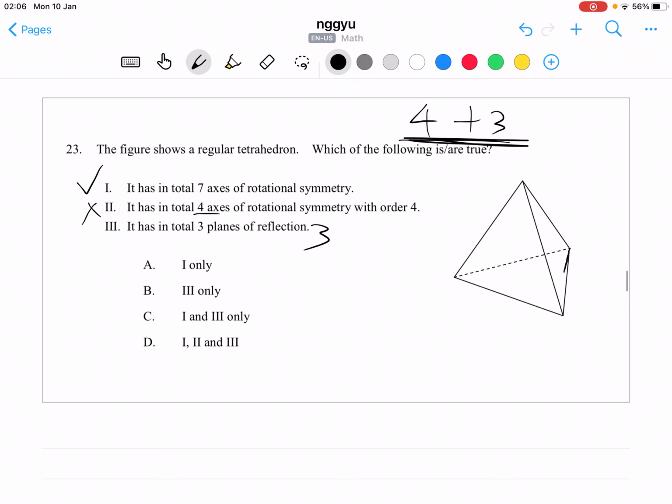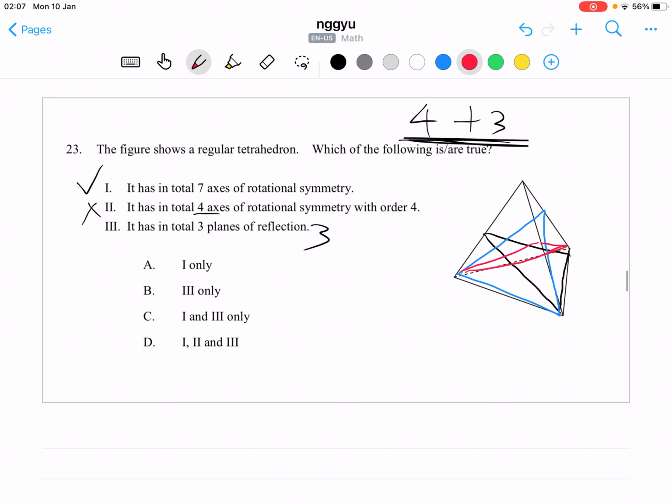We also have some planes of reflection like this. And maybe I will use another color like this, and last but not least, like this.